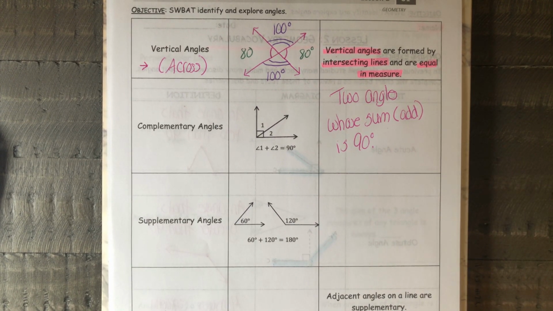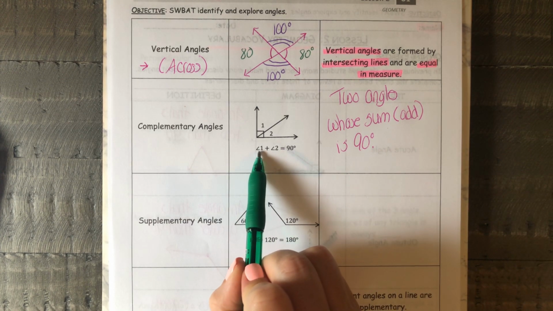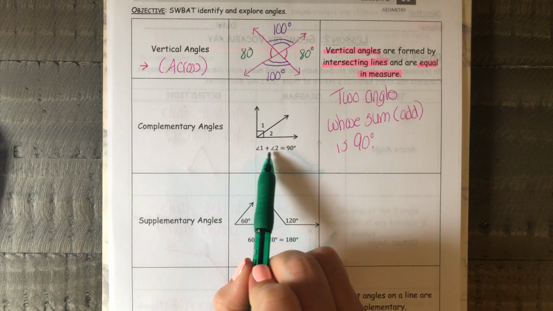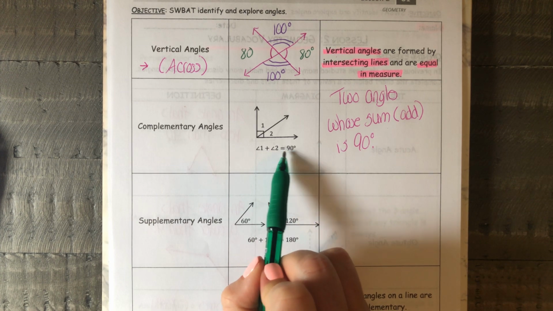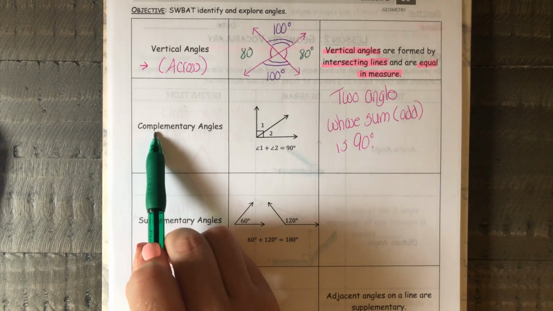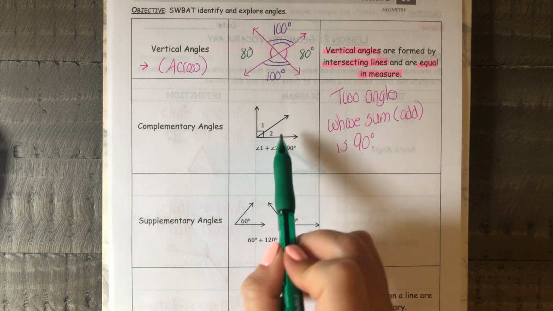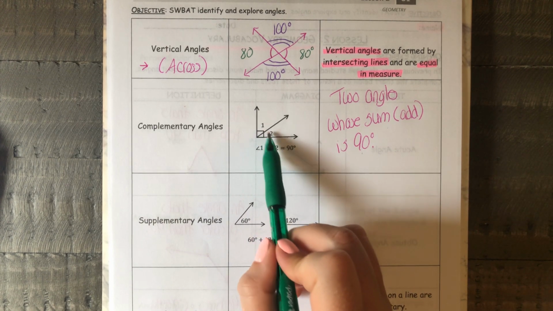All right. Now I'm going to go ahead and just give us another example for our notes here. I know there's already a diagram, and it's telling me that if I add angle 1 plus angle 2, it should equal 90. And I know it's going to equal 90 because complementary angles are two angles that add to 90. Here are my two angles, angle 1 and 2.